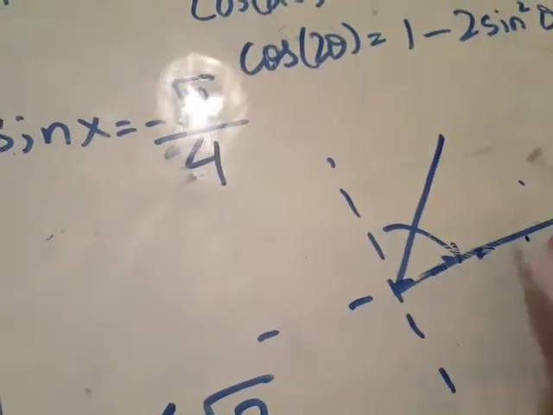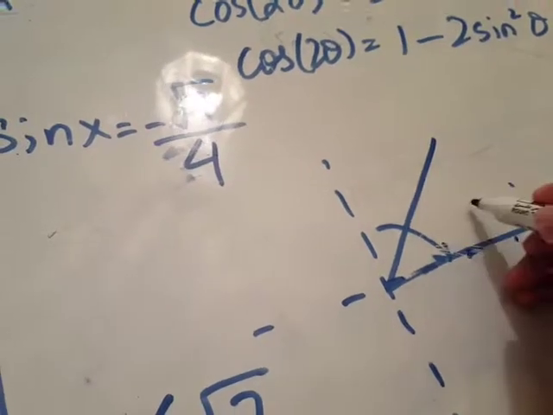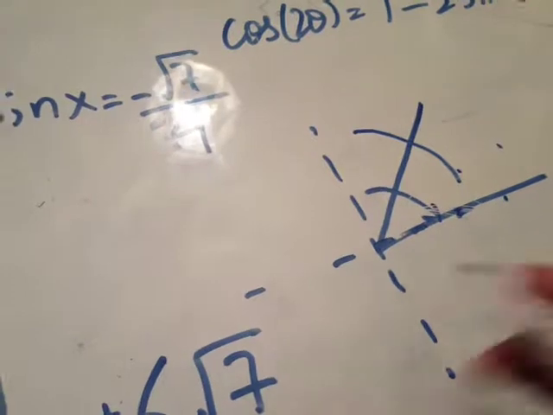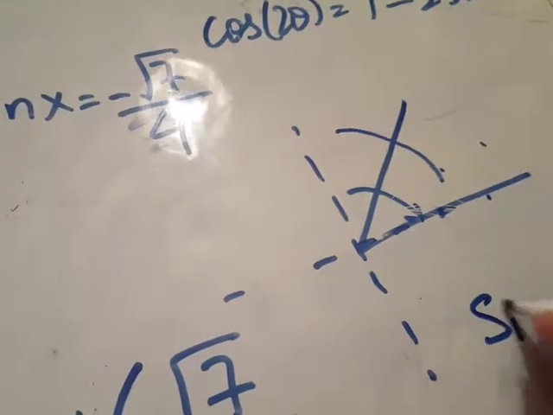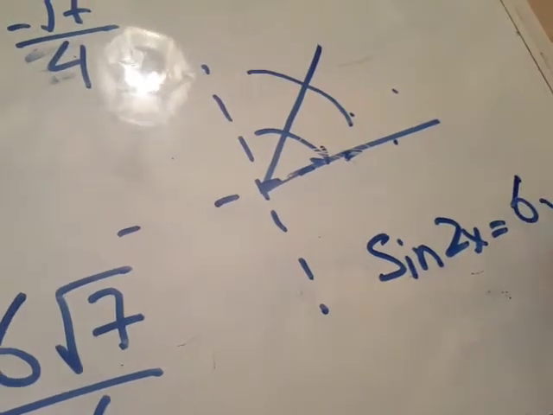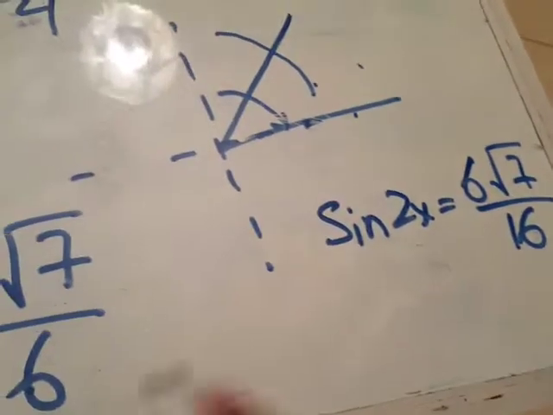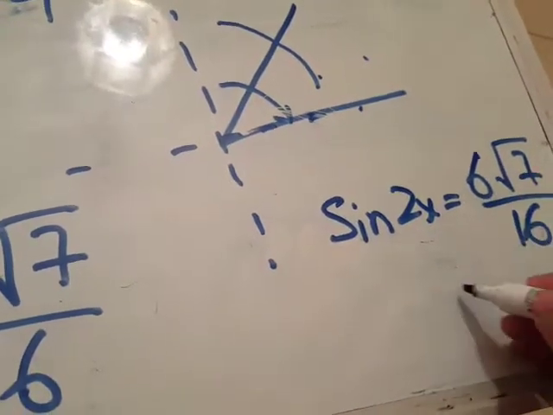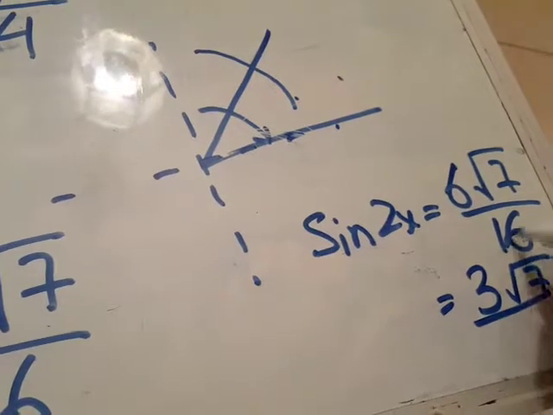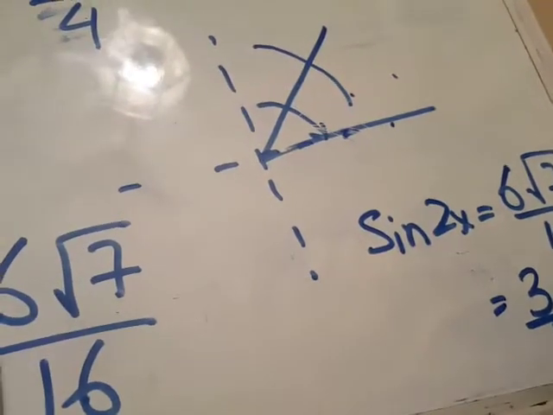And in the first quadrant, sine, cos and tan are all positive. So that's why I'll keep the positive value, which is sine of 2x equals 6 under root 7 over 16. You can further simplify it, since 2 3s are 6 and 2 8s are 16, or you can just keep it like this, no problem.